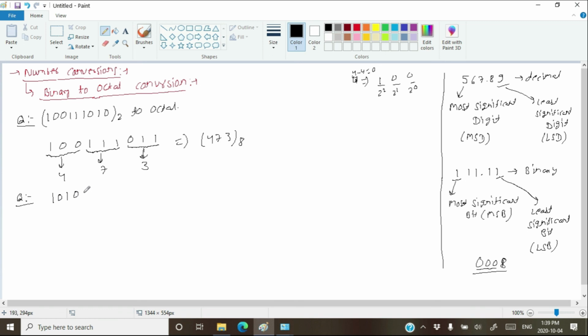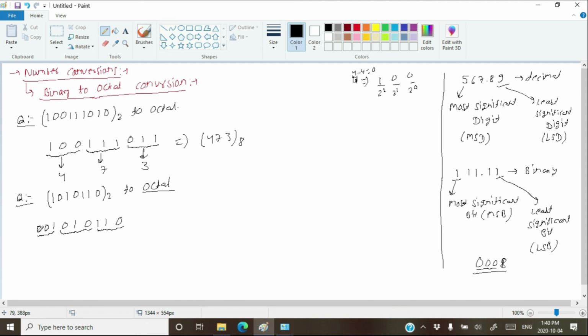Let's see another example. 1010110 is binary and you have to convert it to octal. So write the binary bits 1, 010, 110 and group them into 3-bit groups from right to left. Since the last group is accommodating just 1 bit, add 2 extra zeros before it just to make the group size 3 bits.